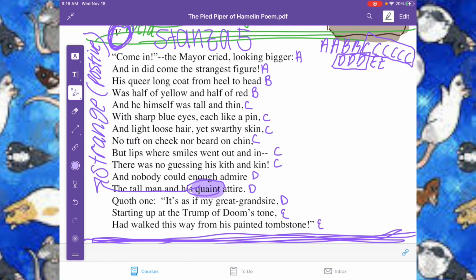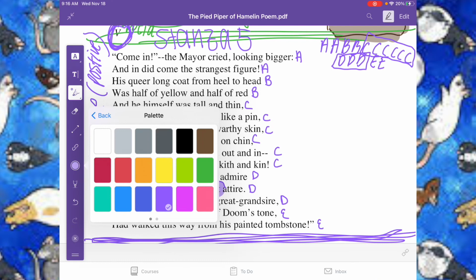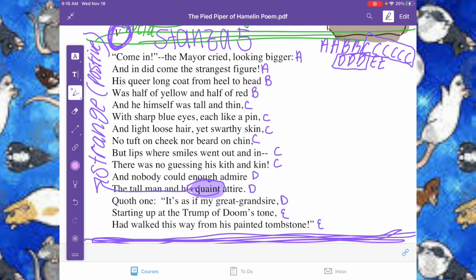All right, so let's go ahead and take a look at all of the different pieces that we can illustrate. So come in, the mayor cried. Strange figure. Okay, he has a queer long coat from heel to head, half of yellow, half of red. He himself is tall and thin, sharp blue eyes, light loose hair, swarthy skin. Oh, swarthy is another vocabulary word. He does not have a beard.